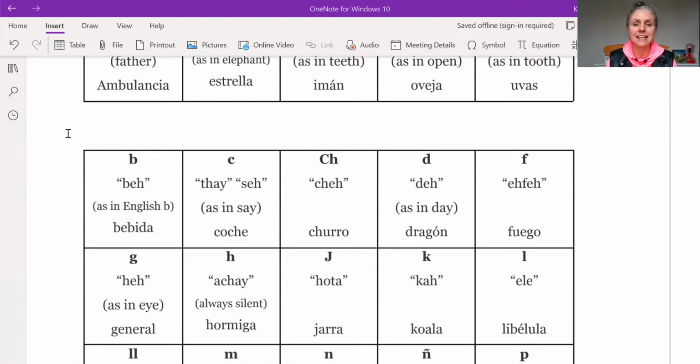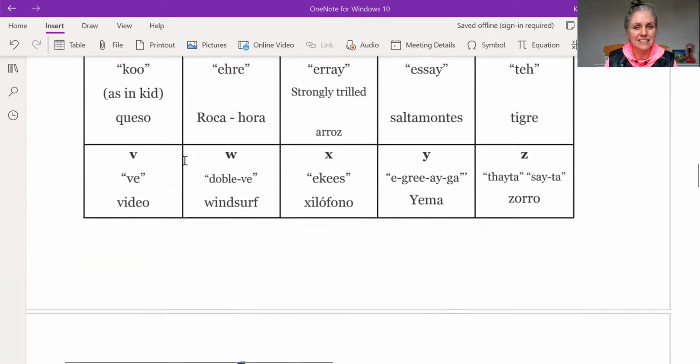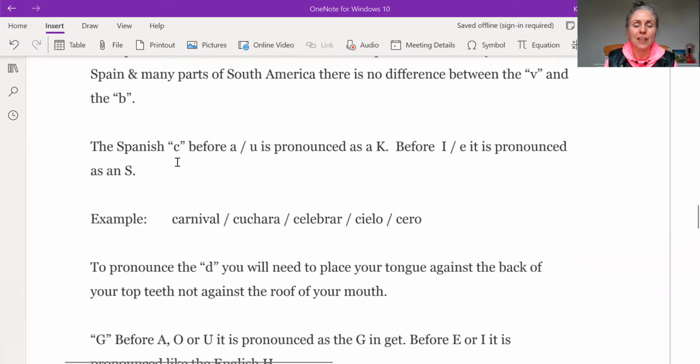The next letter is the letter C, which we pronounce se. Se, as in coche. So there's a rule around the letter C. Before an A or a U, it's a hard C, like a K sound, as in carnaval or cuchara, okay?